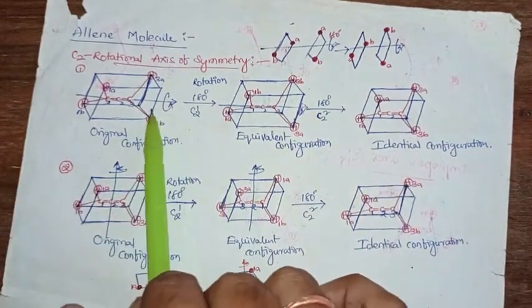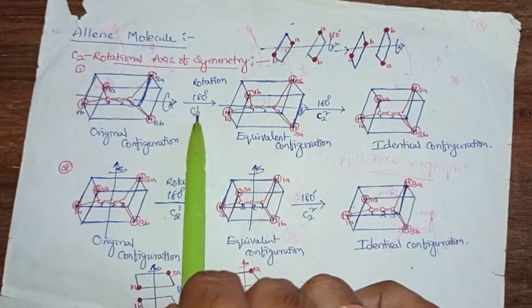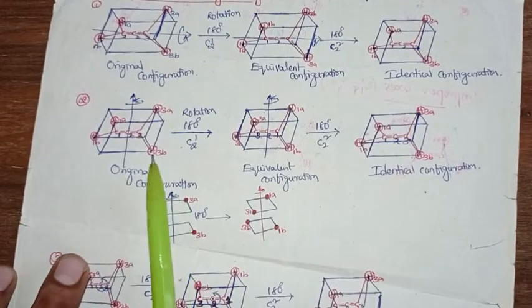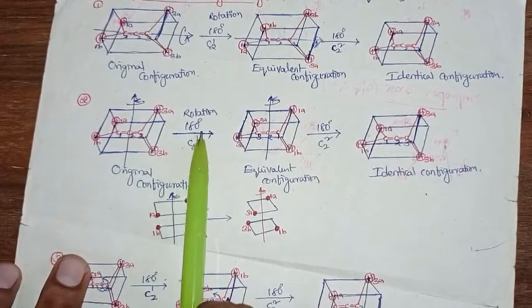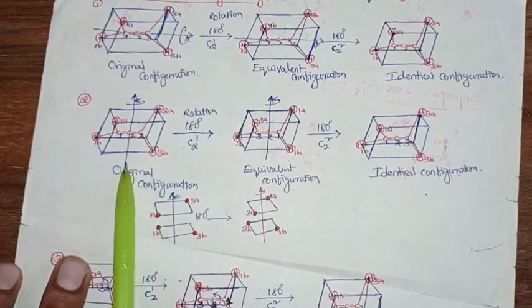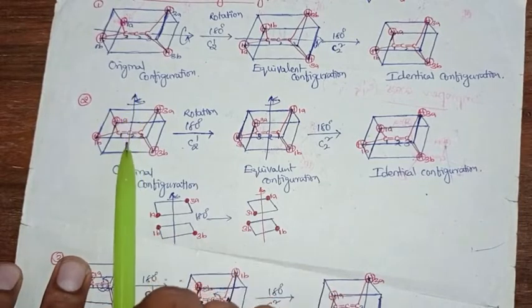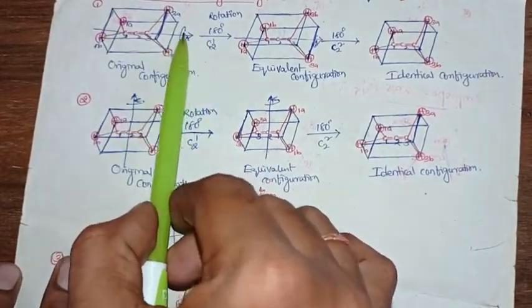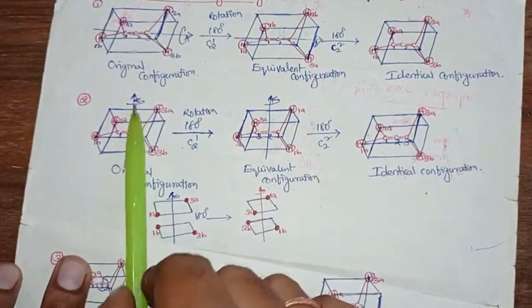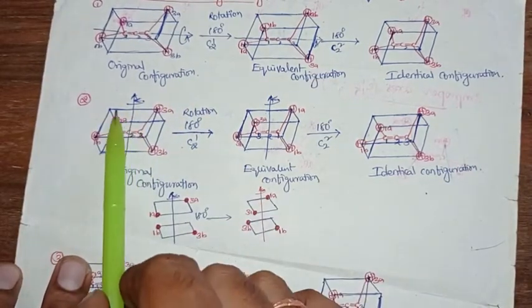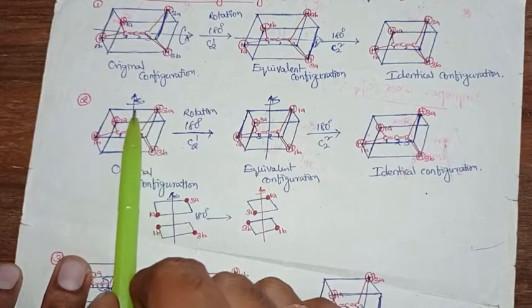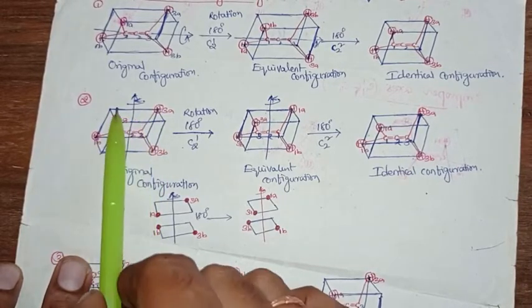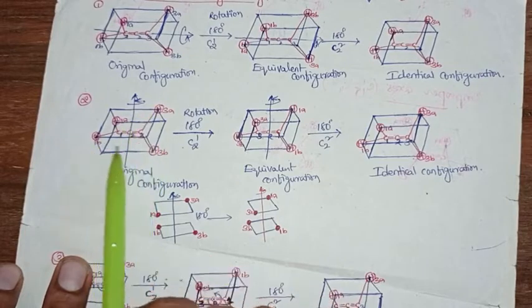Like this, there is a twofold rotational axis possible when we repeat another 180 degree rotation. Now we take an axis differently. Here we took a horizontal axis, and here we have to go with a vertical one. Check these top and down faces, and how the hydrogens are arranged.